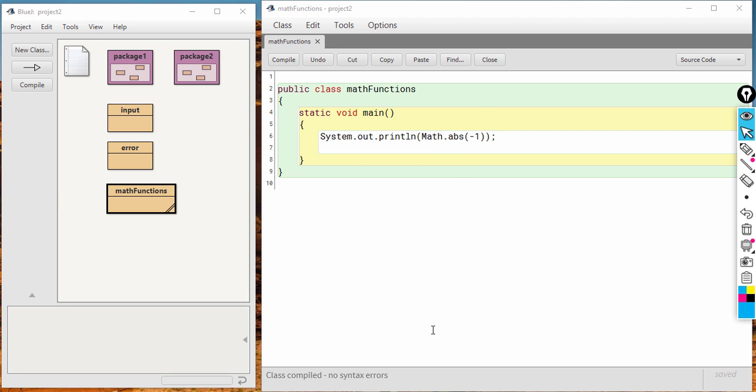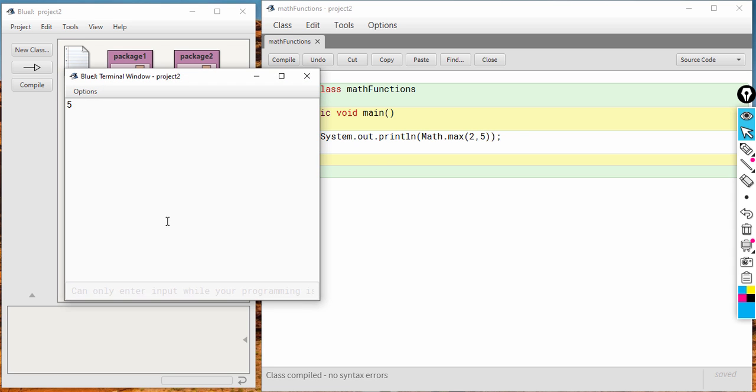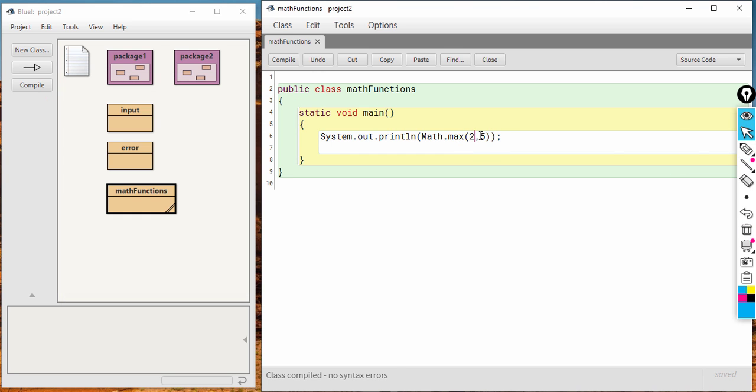That's it. Then the next function is max. So the max function takes two arguments. Okay. So let's give two arguments here, and it will give us the argument which is bigger. Okay. So let's compile this and execute. You can see that it is giving us the value which is greater between 2 and 5. Okay. Let's try out another number, 2.6 and 1.9.